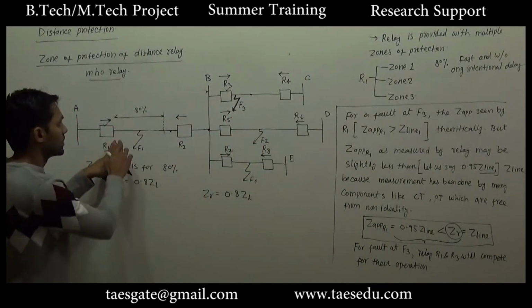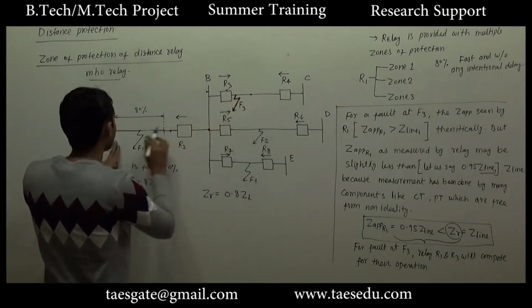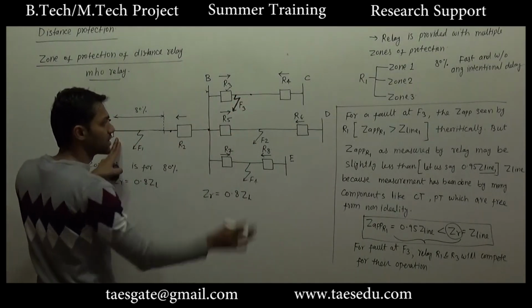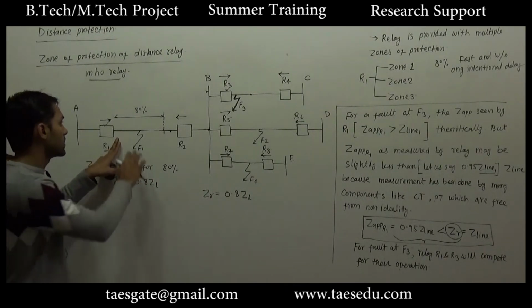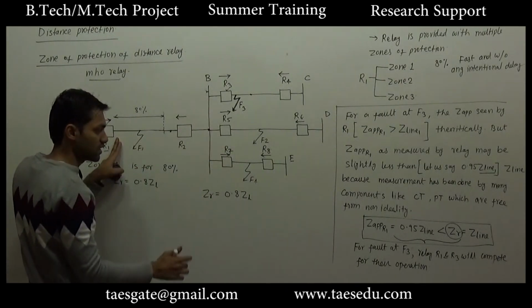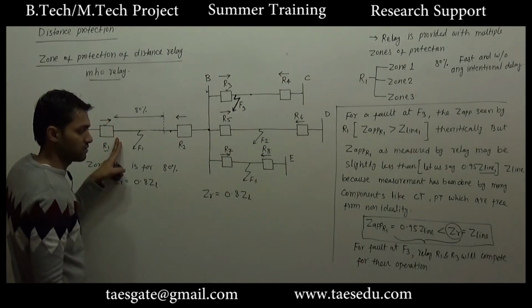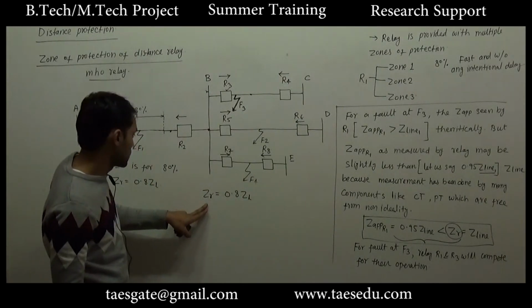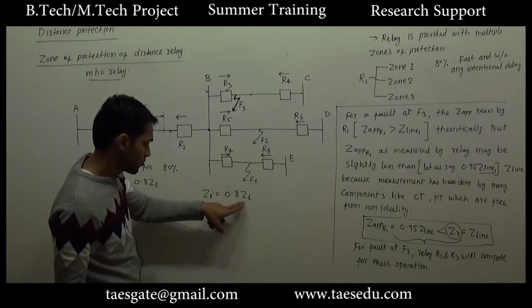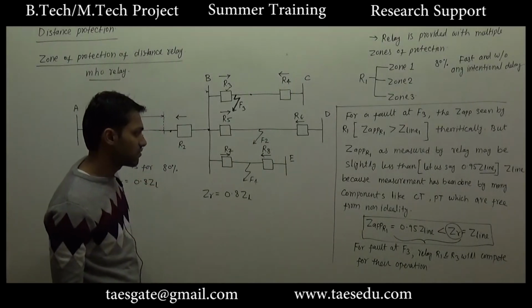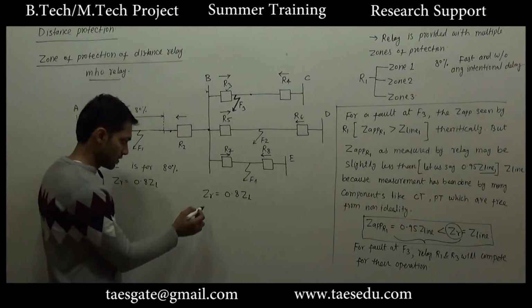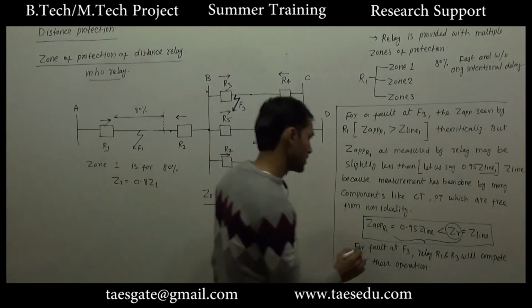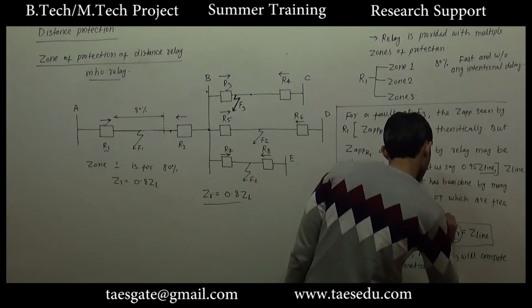Theoretically up to this point the impedance should be greater than Z line, but the non-ideality is not so high that this impedance will be less than 0.8 of Z line. So choosing Z reference for zone 1 protection as 0.8 Z line is safe considering the non-idealities. If this is chosen, this condition will never be satisfied.